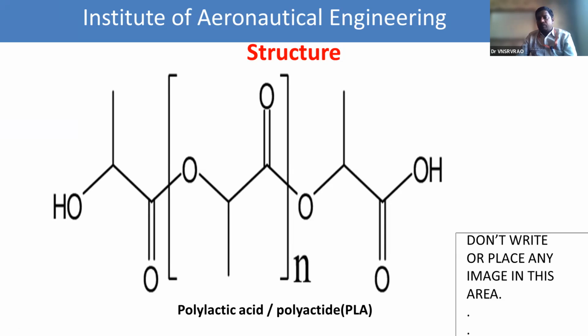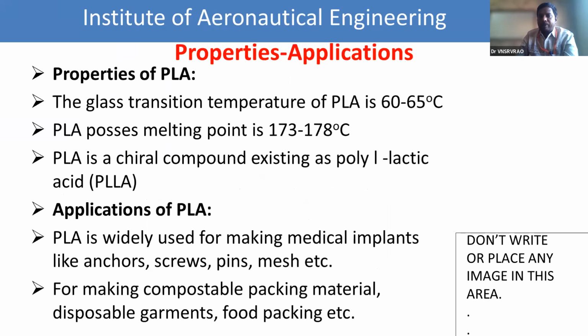From the examination point of view, there is no need to write the structure, only you prepare the preparation, properties and applications. Now we see the properties of polylactic acid. The glass transition temperature of polylactic acid is nearly 60 to 65 degrees centigrade, and it possesses a melting point of nearly 173 to 178 degrees centigrade.